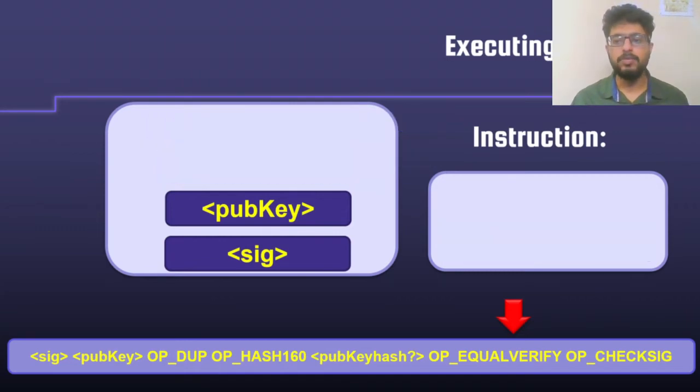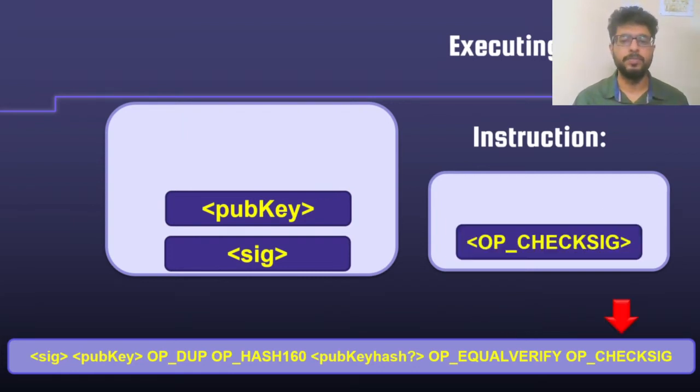Now we are left with two data items on the stack, the signature and the public key. We have already checked that the public key specified was the right public key, and now we check whether the signature is valid or not. The CHECKSIG instruction verifies the signature with the public key.